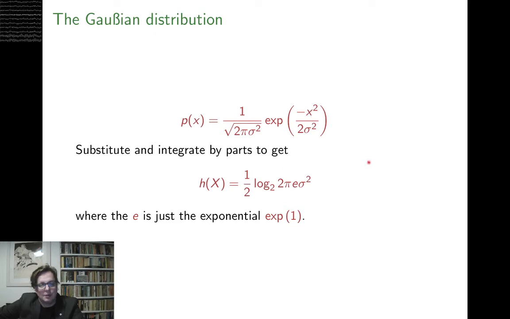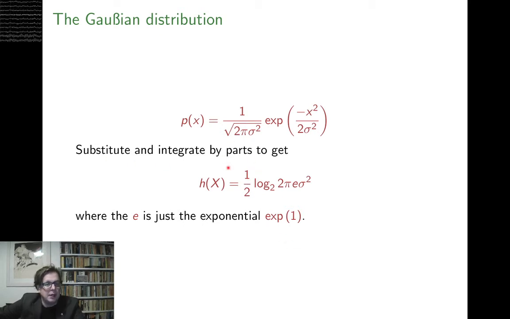For simplicity, I've set the mean to 0, and you can shove that into the formula as before. The log bit will give you the log of an exponential, which will roughly give you this bit here. Because it's a log to the base 2 and this is an exponential, you'll get an extra e coming out here. e is just the exponential of 1.